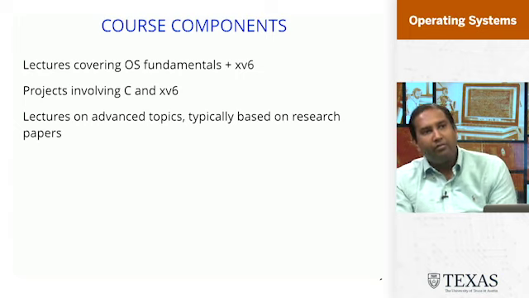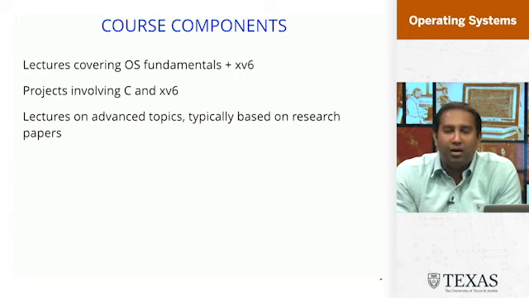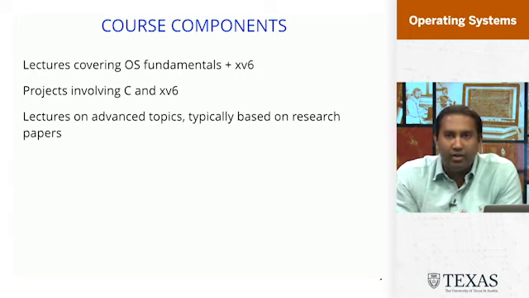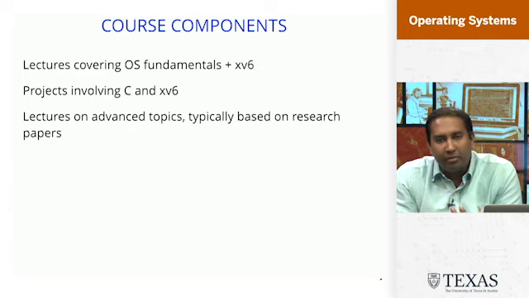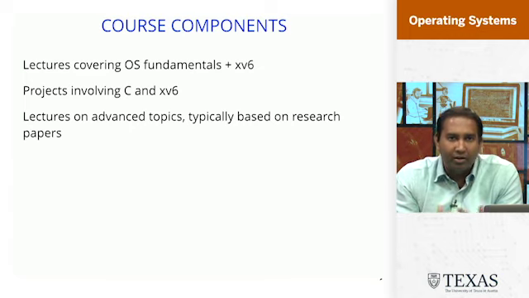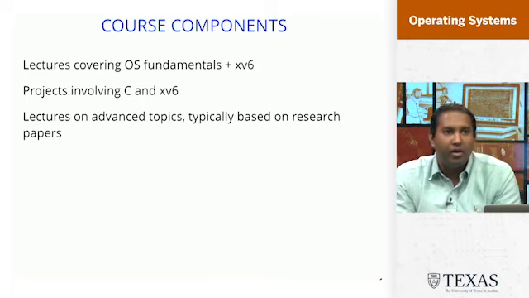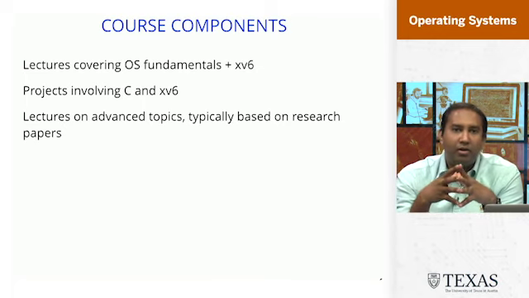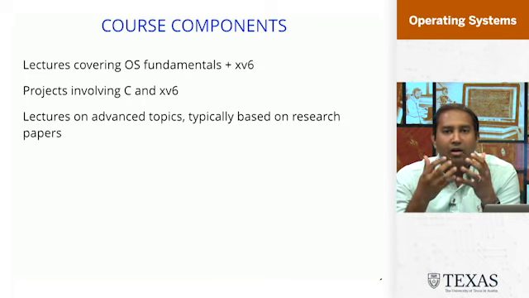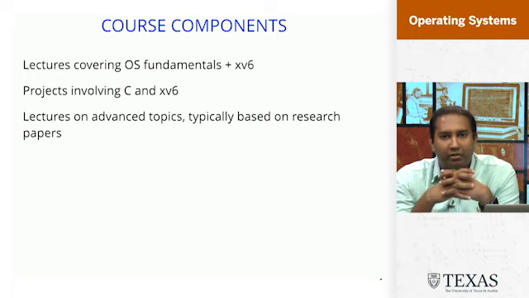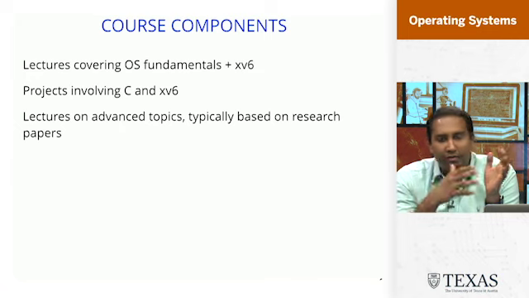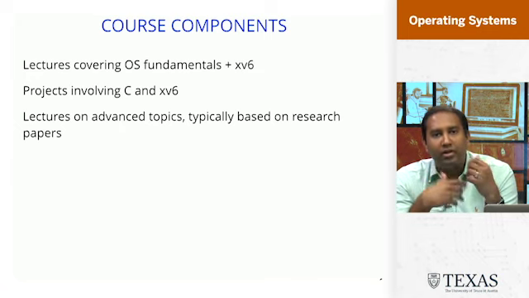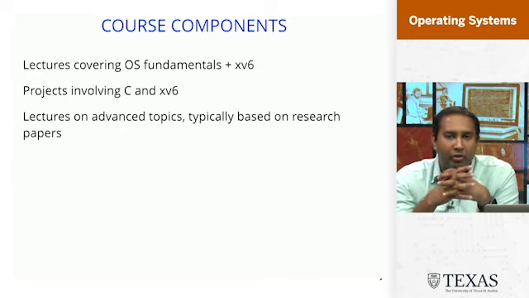In this course, we will have a series of lectures covering OS fundamentals, like the different abstractions provided by an OS, how different components interact, how they all work together, and so on. The way we'll be learning a lot of this is by looking at the educational operating system called xv6 from MIT. It's what the MIT 6.828 course is based on.